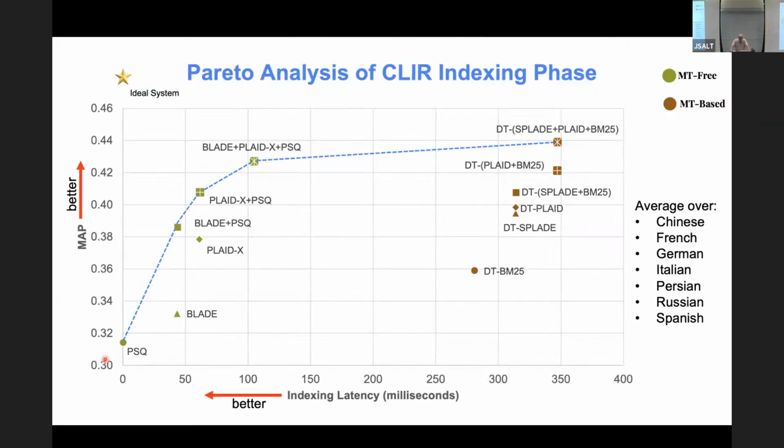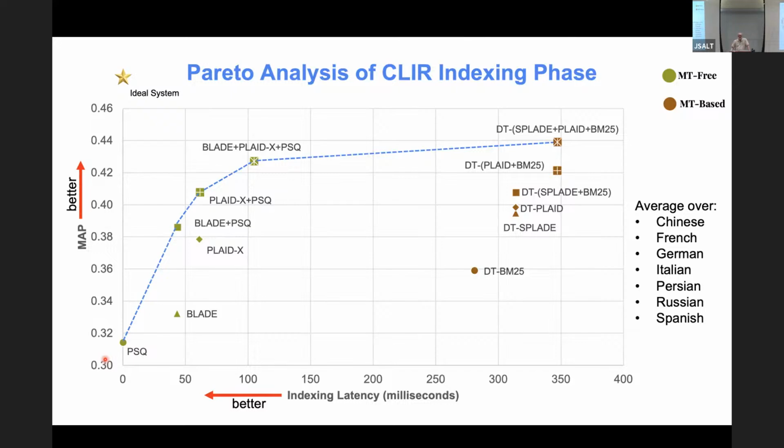If we think about efficiency and effectiveness, we can put those in a chart here where some measure of efficiency is on the x-axis. Here we have latency, which means better is to the left. And on the y-axis is some measure of the quality of the result. This one is called MAP, or mean average precision, which we'll talk about. Better is up here.